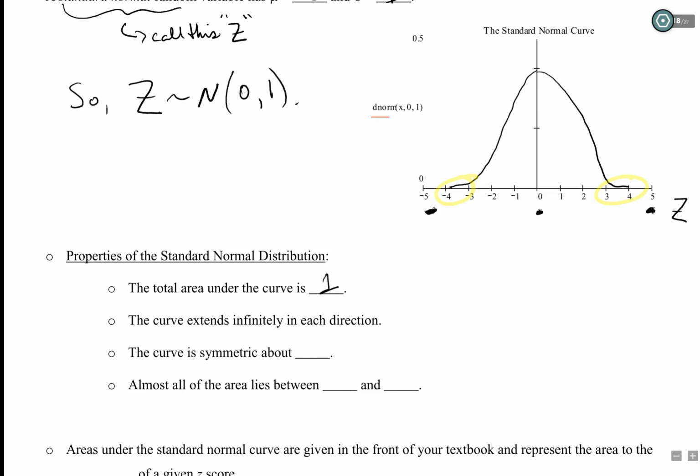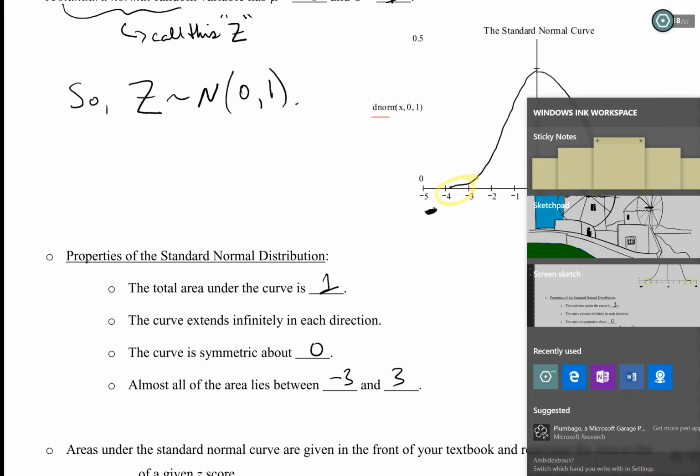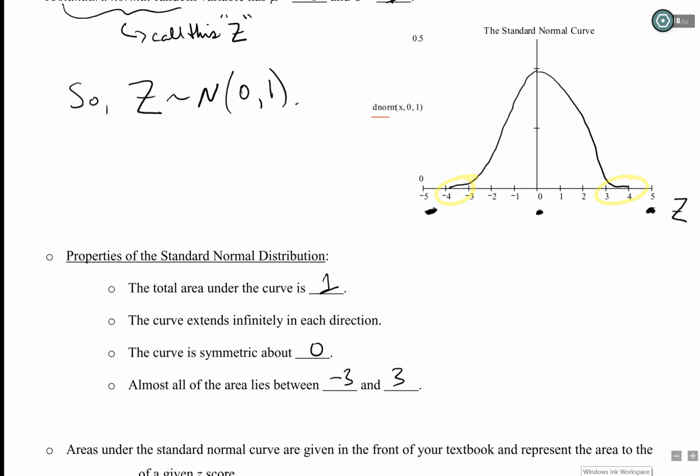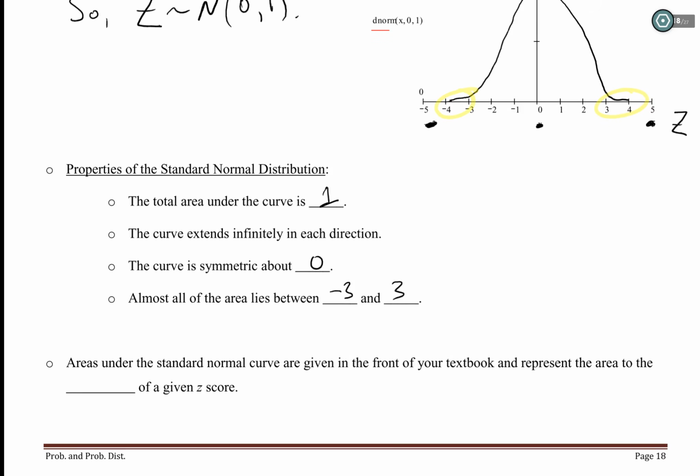Okay. The curve is symmetric about its mean 0, and most of the area, or almost all of the area, lies between plus or minus 3 there. Okay, so that's some properties of the standard normal distribution.